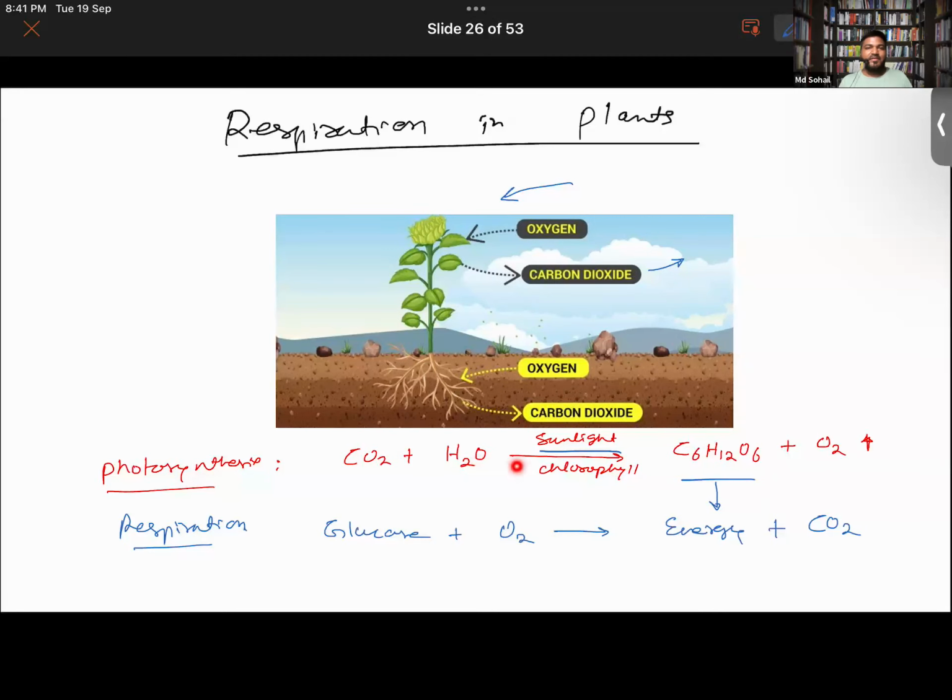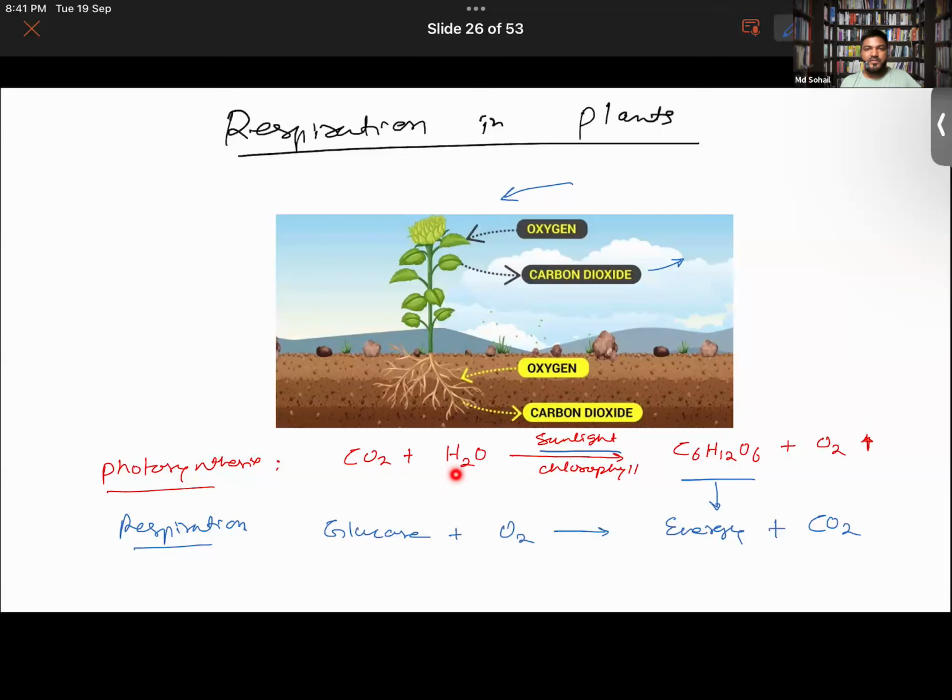In reality, there's no need to store oxygen to carry out respiration. But it is seen that many times there are certain plants that store the carbon dioxide released during the night time, to use that carbon dioxide during the process of photosynthesis.